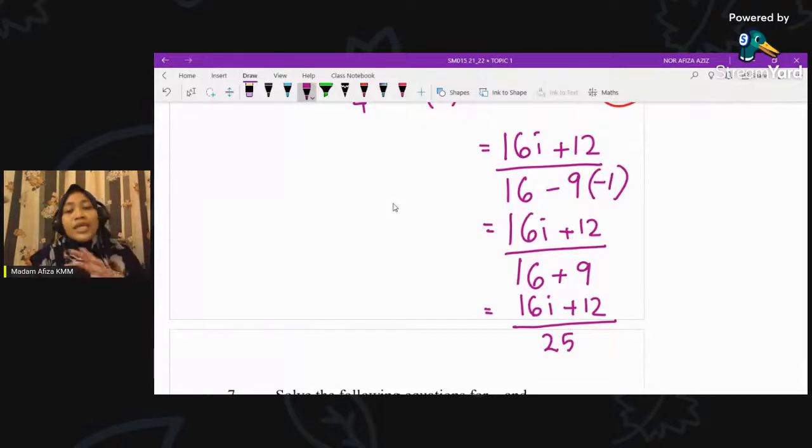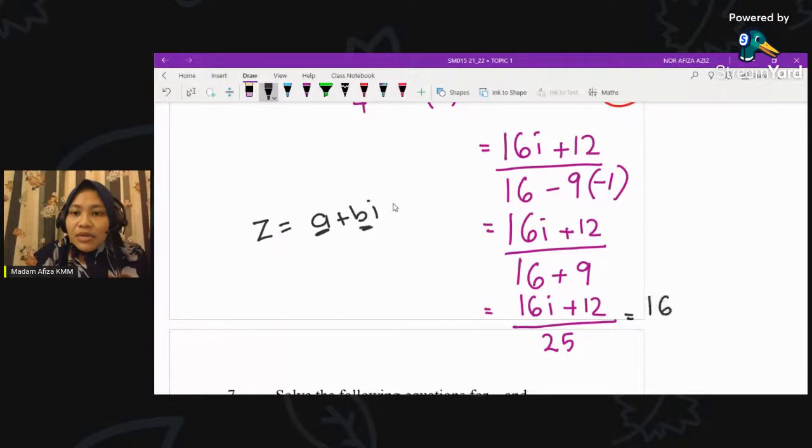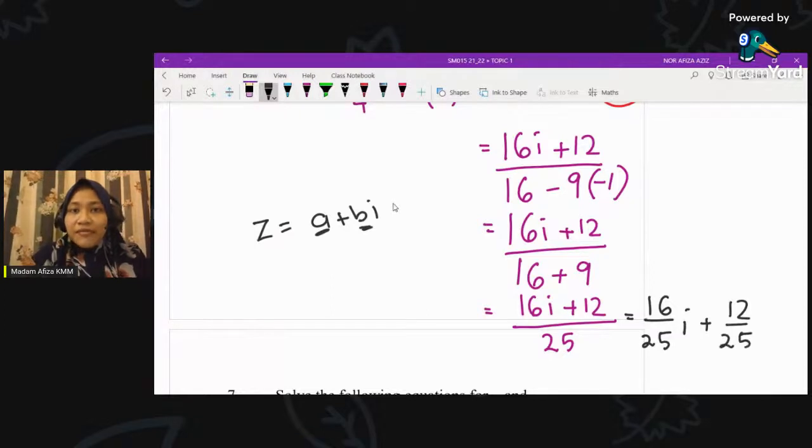In complex numbers, if you can recall, the Cartesian form is z equals a plus bi. We can see that the real and imaginary parts are separated. So in this case, you must rewrite your answer as follows: 16 over 25i plus 12 over 25.